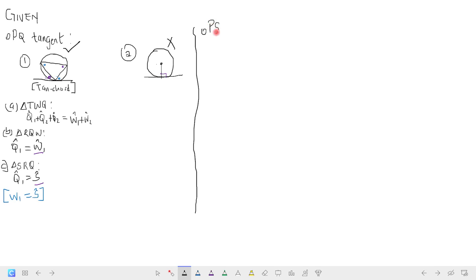PS parallel to QT. Now, what happens when you see parallel lines in Euclidean geometry? The first thing that you need to look for is lines that form this shape, F, right? Secondly, you're looking for lines that form this shape.